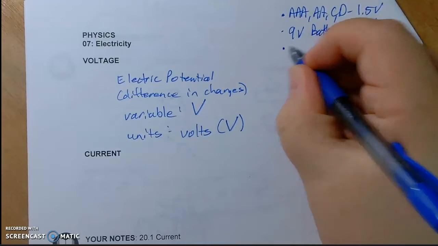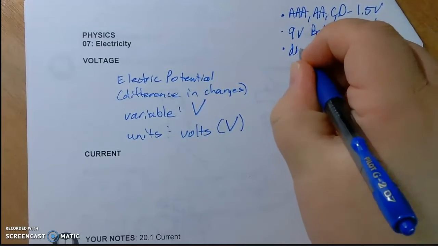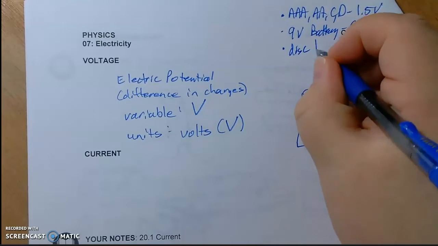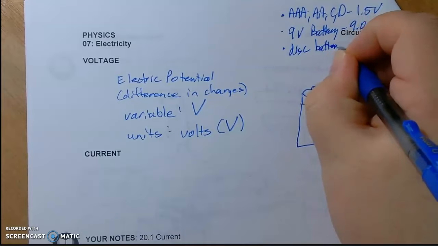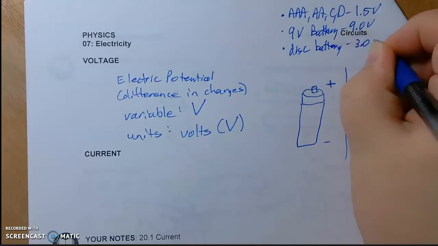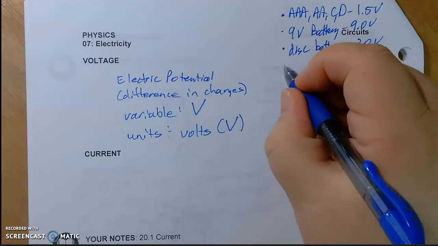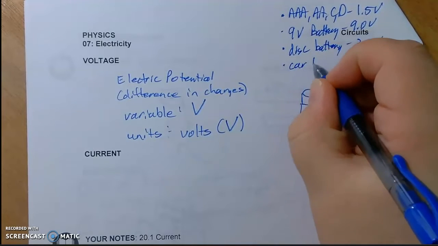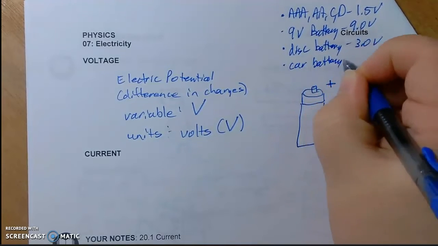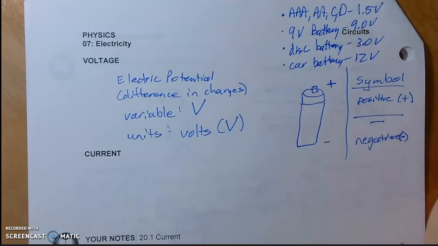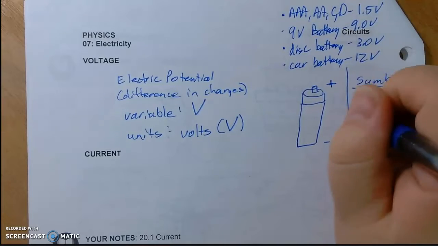The little circular disc batteries that you have in your watches, some calculators, those are all about 3 volts. And if anybody's ever worked on a car battery, it produces about 12 volts. When it's running, the alternator is producing about 13, 14 volts, and that's to charge the battery.